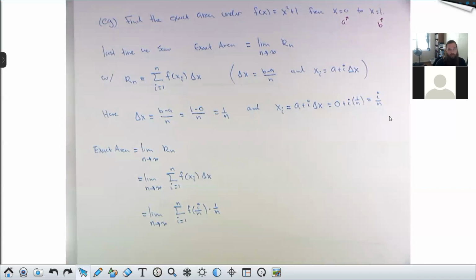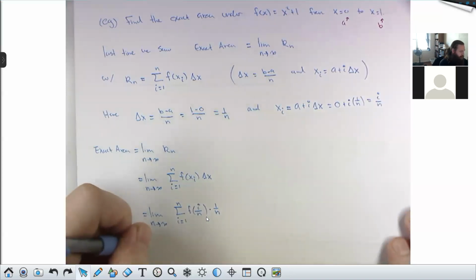Notation matters a lot here. f of i over n is not multiplication, of course. This is function notation. f of x is x squared plus 1. So f of i over n is going to be (i over n) squared plus 1.